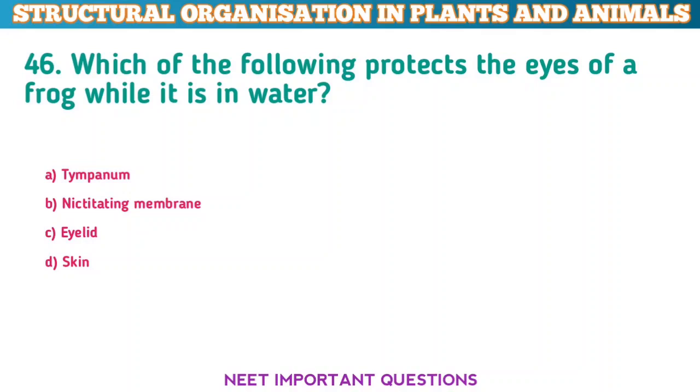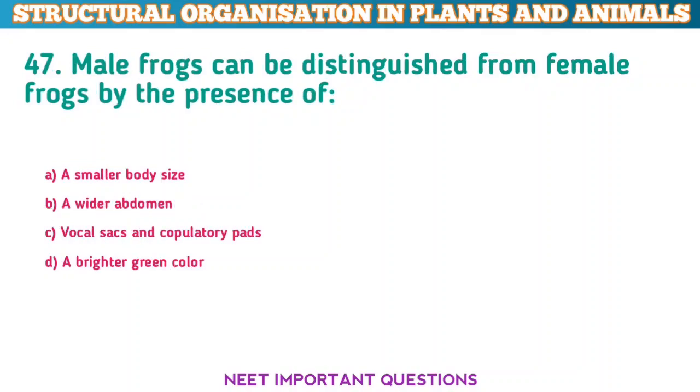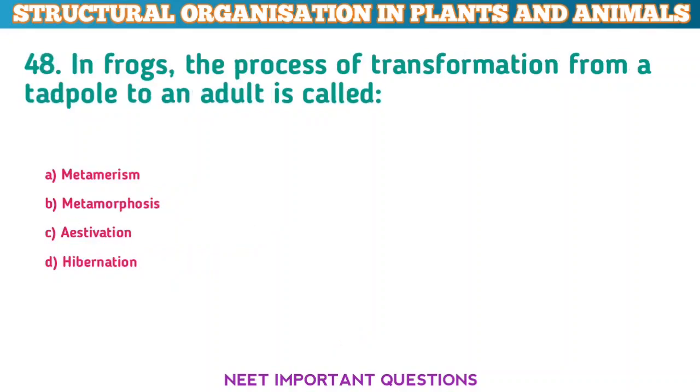Answer. B. Nictitating membrane. 47. Male frogs can be distinguished from female frogs by the presence of. Answer. C. Vocal sacs and copulatory pads. 48. In frogs, the process of transformation from a tadpole to an adult is called. Answer.